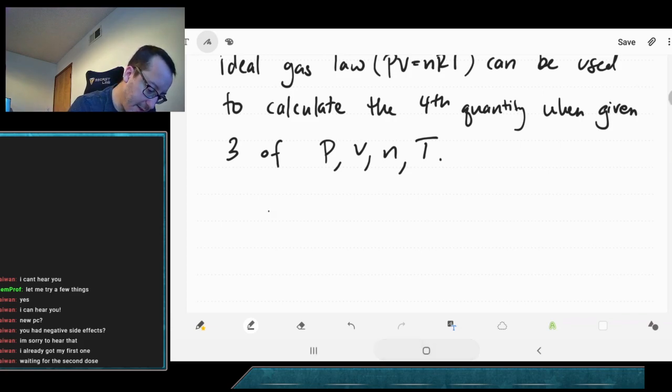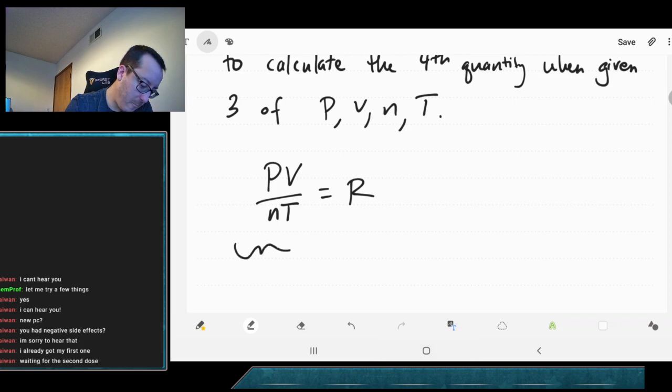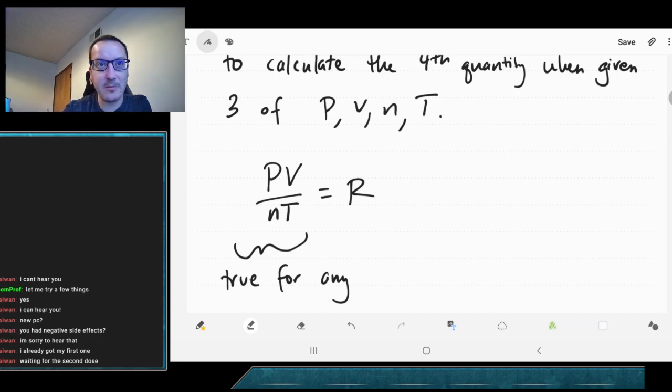So we're going to see that all of these will equal R. That's the whole point of the universal gas constant, right? And so this is going to be true for any quantities of these four, so for any gas, right?